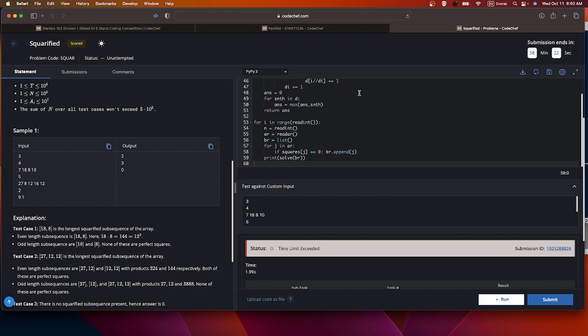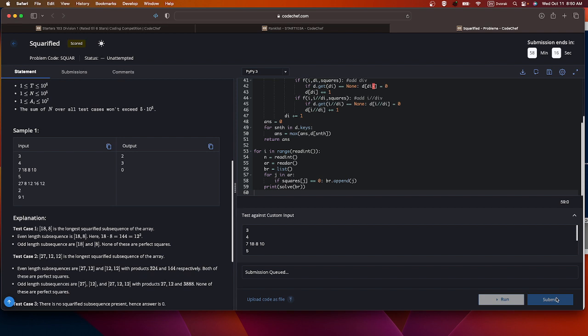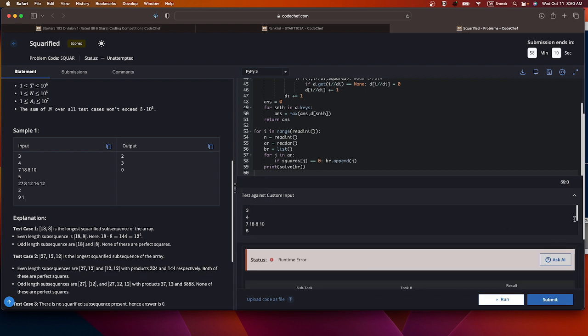Just try throwing this in, because this is correct. There's no way this... If this also gives a syntax error, something's gone very wrong. What the hell?